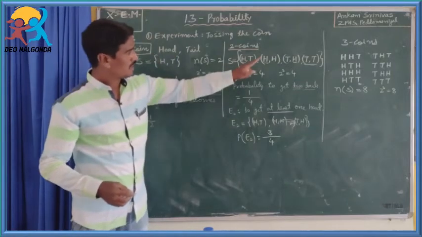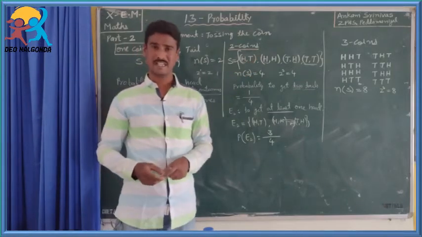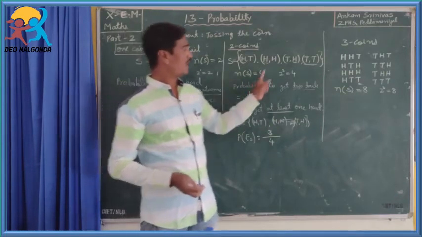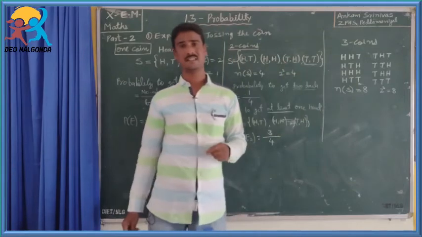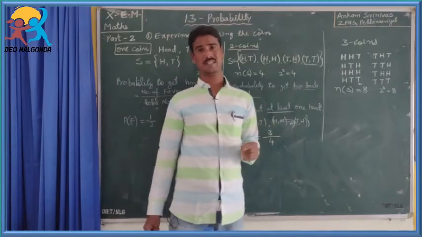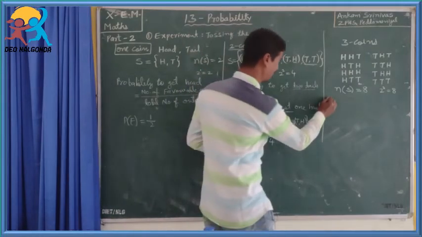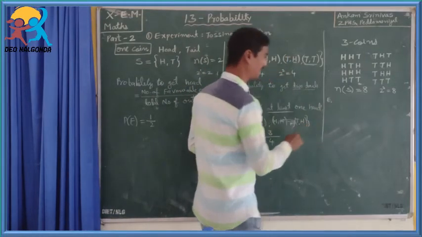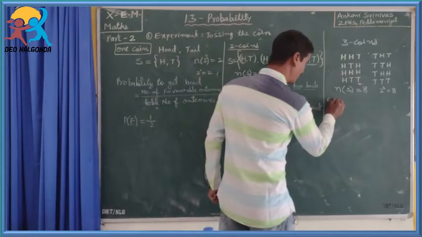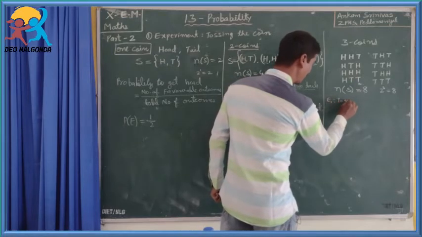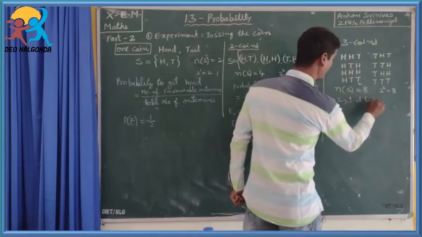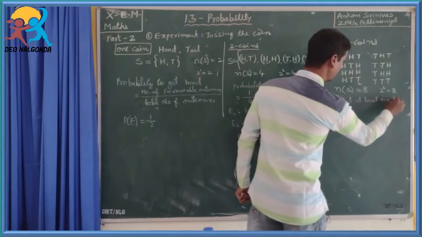Now, children, when you toss 3 coins at a time or simultaneously, what are the total outcomes? We got 8. Now we have to discuss some events in this experiment. First event, I am taking event 1: to get at least one head.